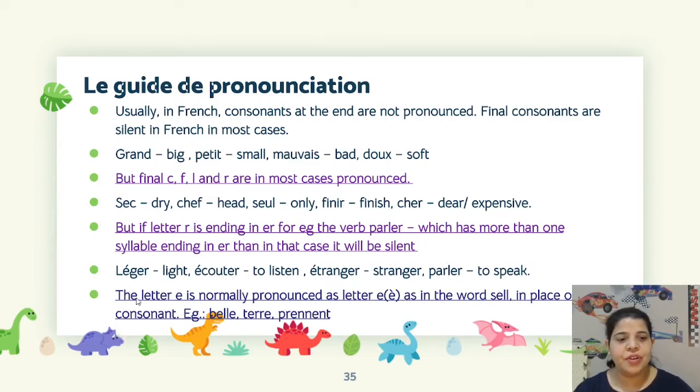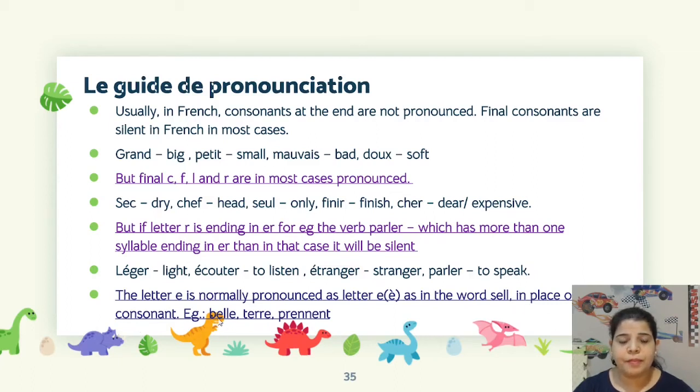Let's move further. The letter E is normally pronounced as letter A, as in the word elephant. The beginning letter of the word elephant is said as A. It's because there is doubling of consonants.